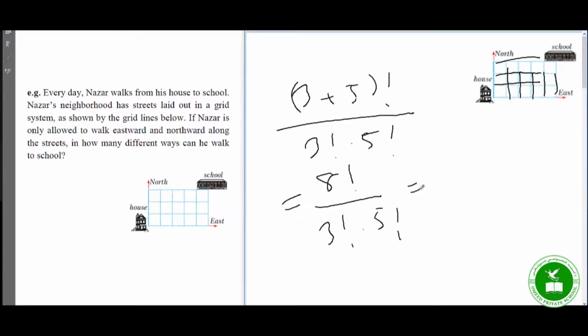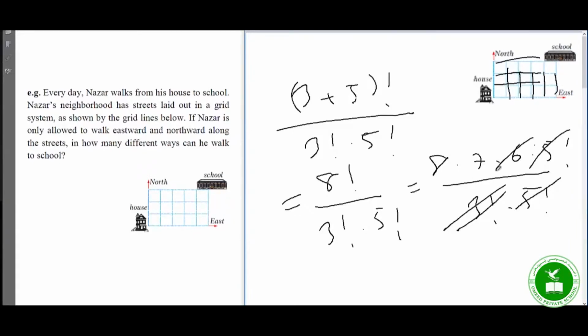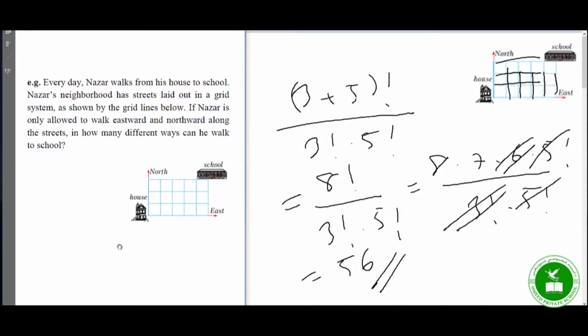We can also write 8 factorial as 8 times 7 times 6 times 5 factorial over 3 factorial times 5 factorial. 5 factorial cancels, and 3 factorial is equal to 6. So 8 times 7 is 56. So there are 56 different ways that Nazar can walk from his house to school.